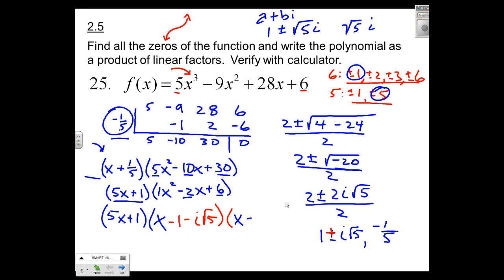I'm going to do the minus part of it now. x minus 1, distribute the negative, plus i root 5. So linear factors. Why are they called linear factors? Because this is x to the first, and x to the first. Those are linear terms. These just happen to be linear complex.